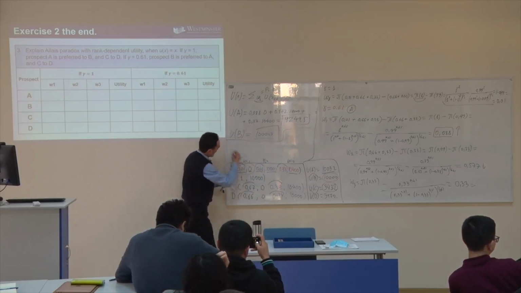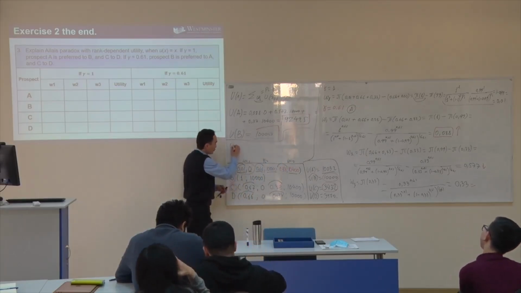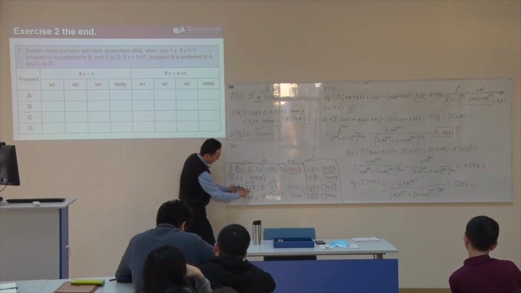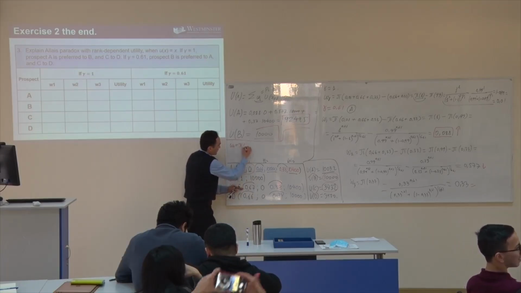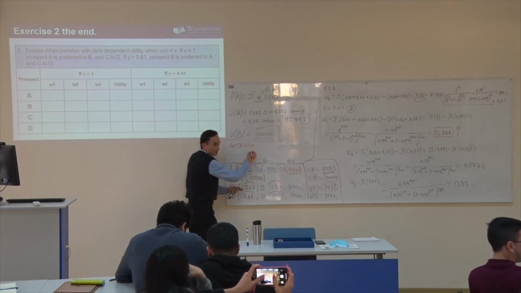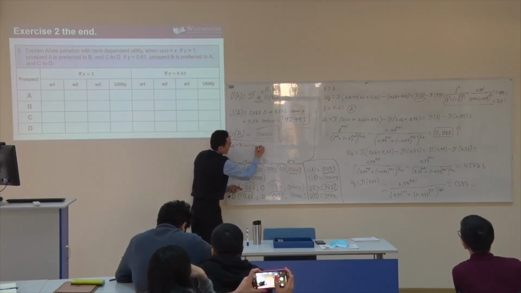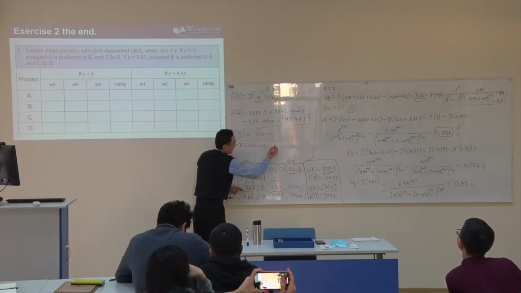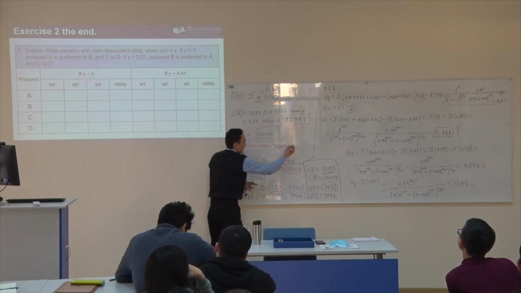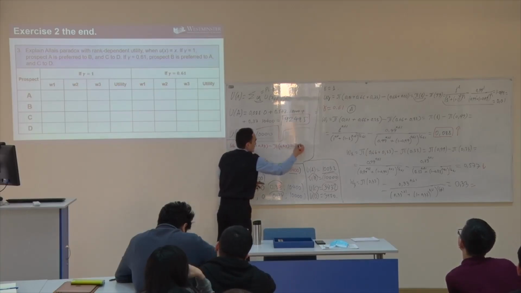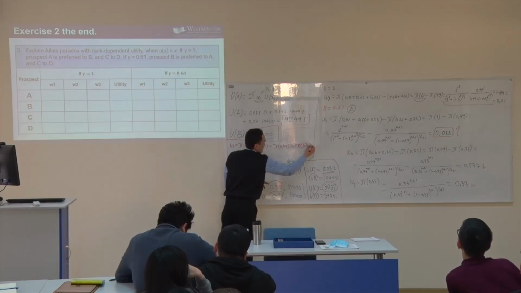So, for example, if you would like to find W1, look, the probability is easier than this one. So the worst one is pi 0.67, right? Plus 0.33 minus pi 0.33. And now we have pi is equal to 1 plus pi 0.33.